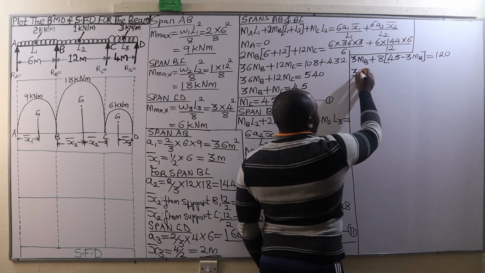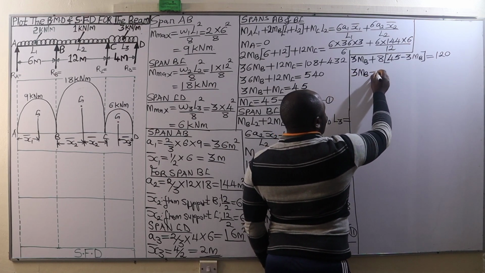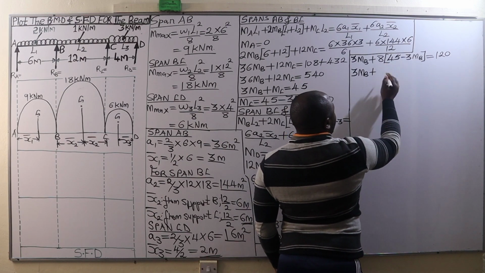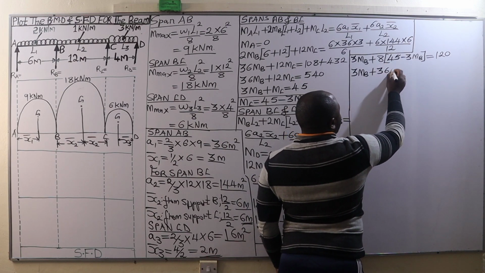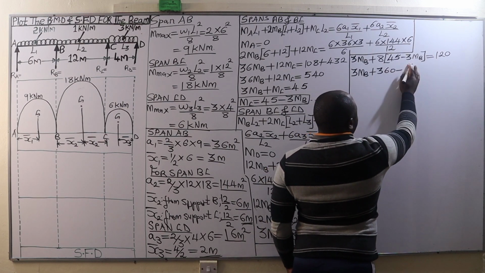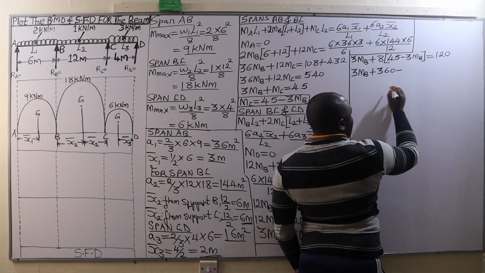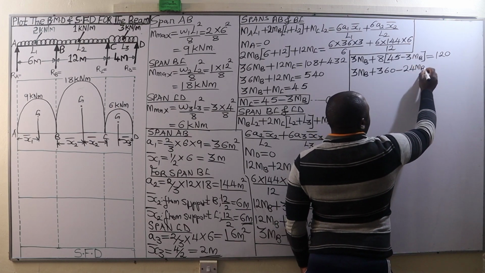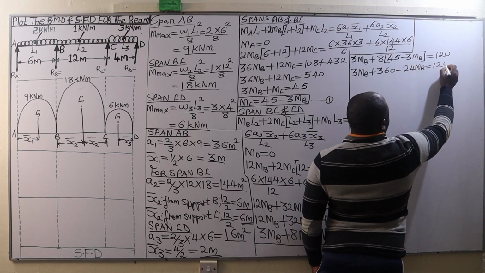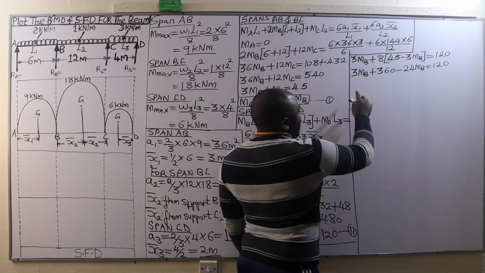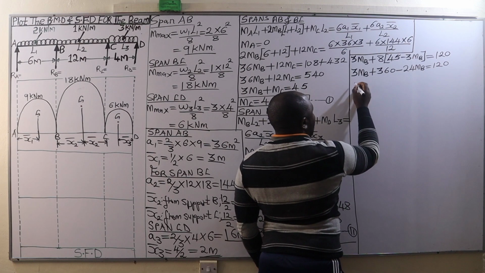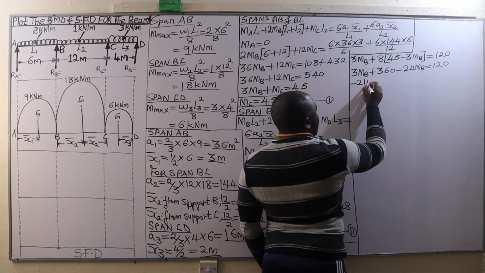And it's going to give us 3 MB plus 8 times 45, that is 360, minus 8 times 3 MB, that is 24 MB, is equal to 120. 3 MB minus 24 MB, that is minus 21 MB.